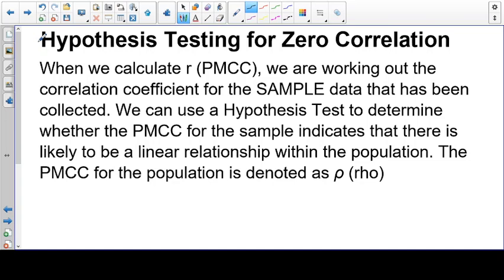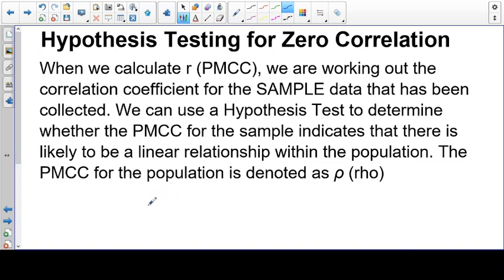We can use a hypothesis test to determine whether our value for R for the sample indicates that there is going to be a linear relationship for the population, and the PMCC for the population is denoted by the Greek letter rho, which looks a bit like a P, but it's a bit more sloped and it's on a curve.